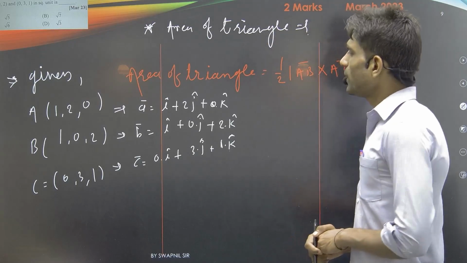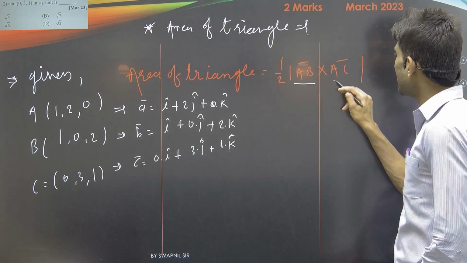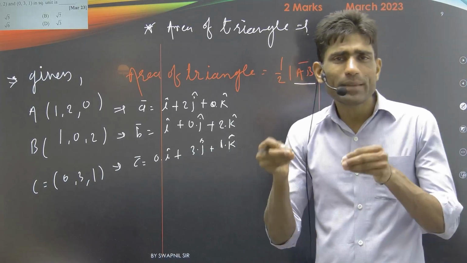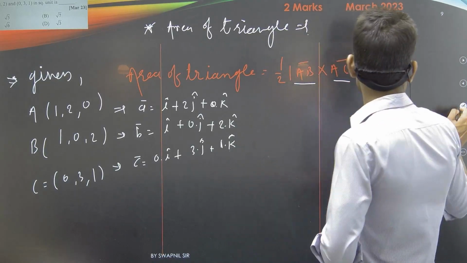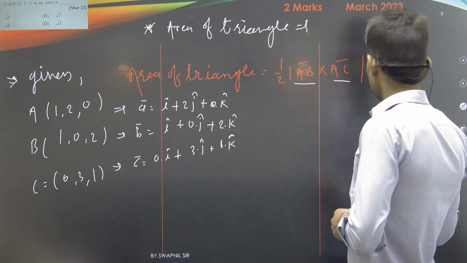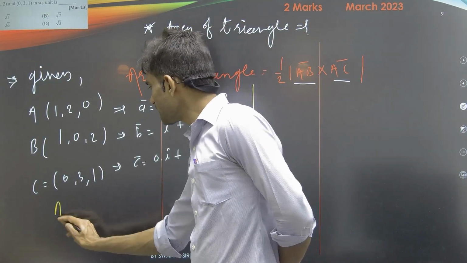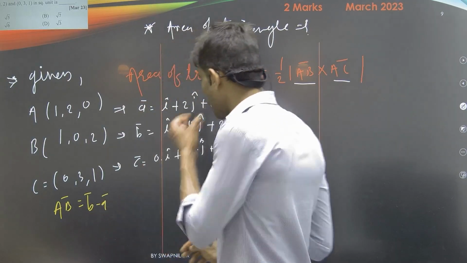Now we want AB and AC. In order to find AB bar, we write AB bar as the position vector of B bar minus the position vector of A bar.